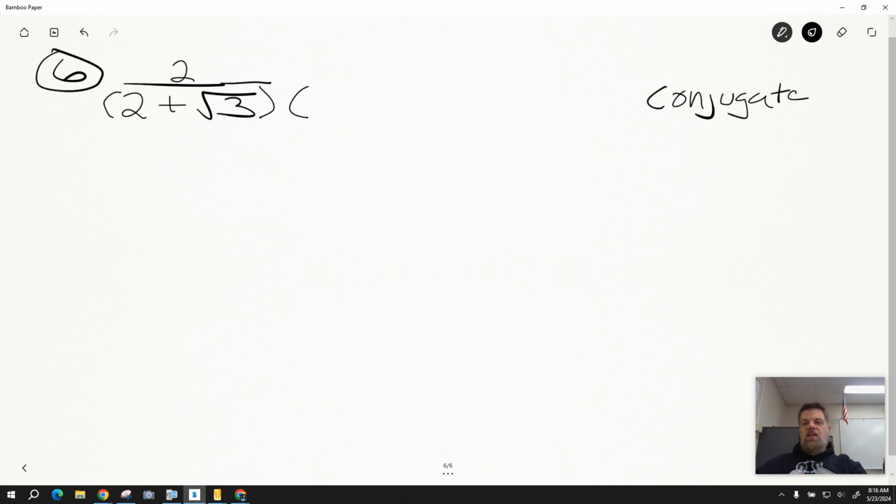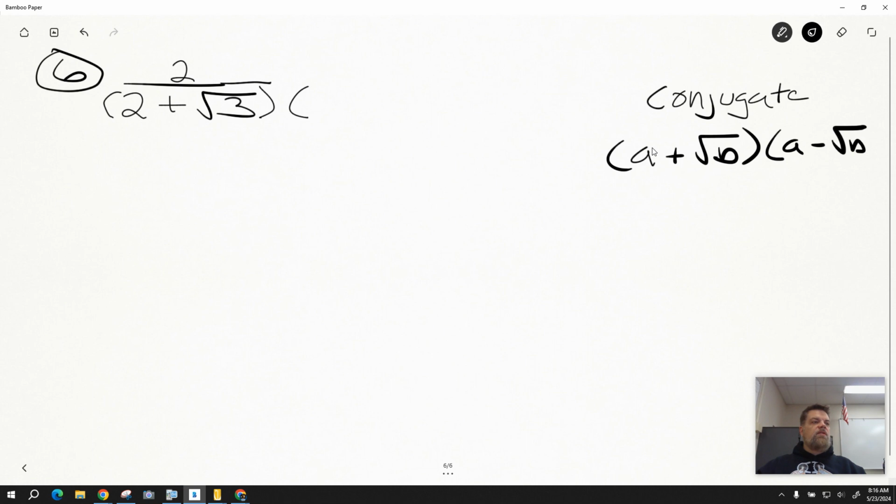The conjugate is the same numbers and the same terms. We just change the sign. So if I have a plus the square root of b, the conjugate of that is a minus the square root of b.